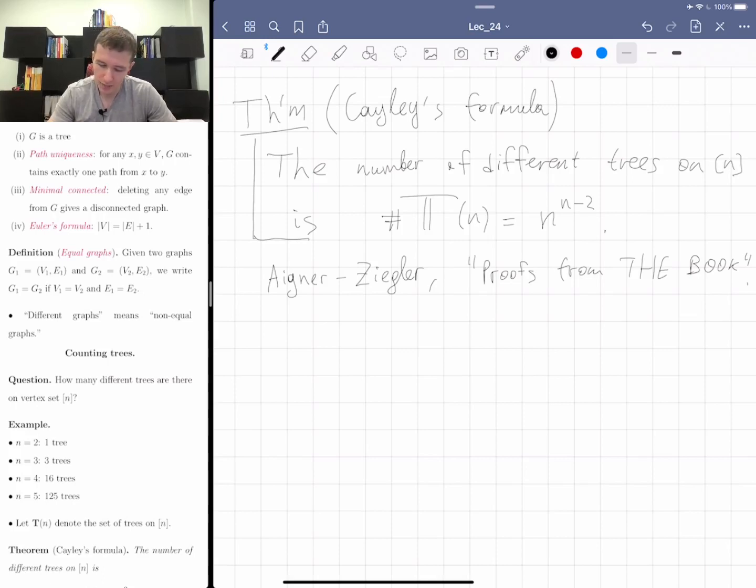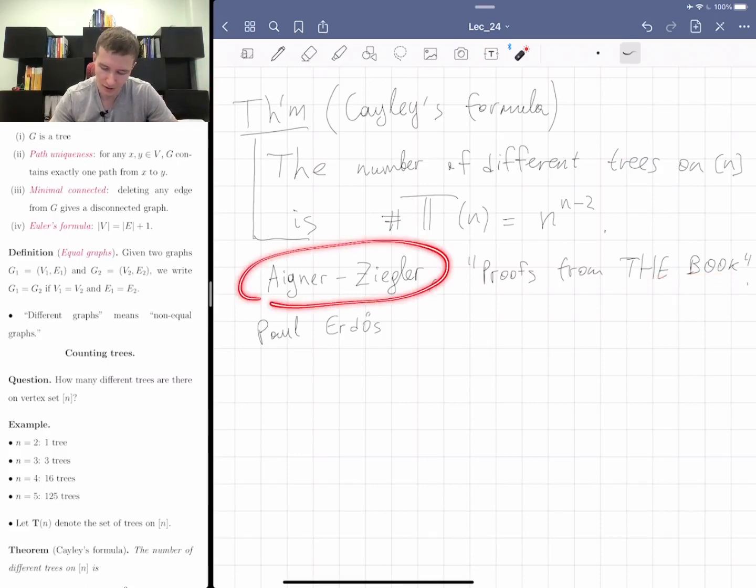The idea is that there was a mathematician called Paul Erdős, one of the most productive mathematicians of the 20th century. He was a combinatorialist, and he believed that God has a certain book where he keeps all the best stuff, all the most beautiful proofs. So Aigner and Ziegler published a book where they collected some of the most beautiful proofs, and they called it Proofs from the Book.